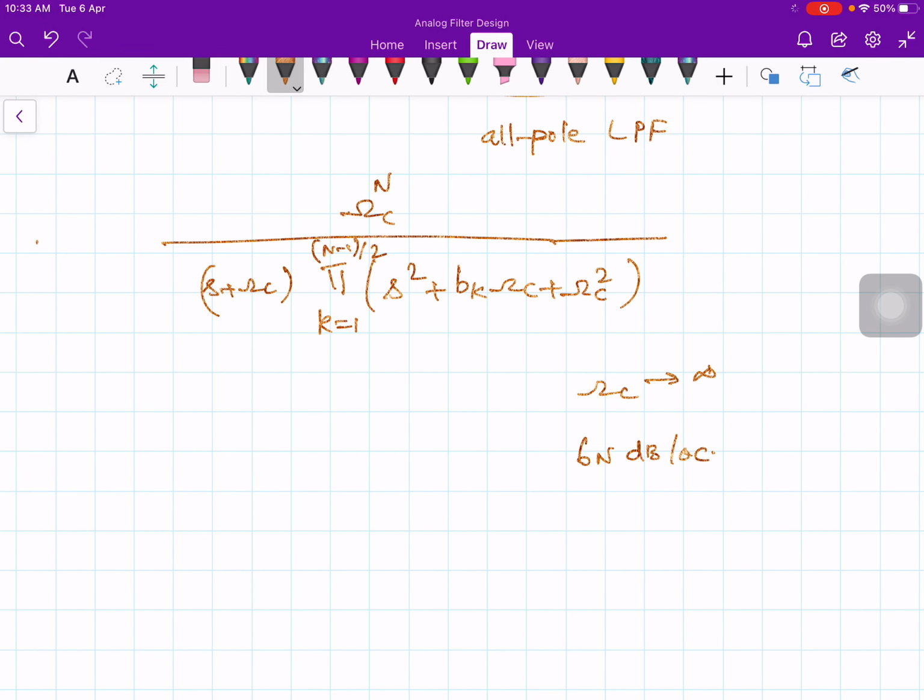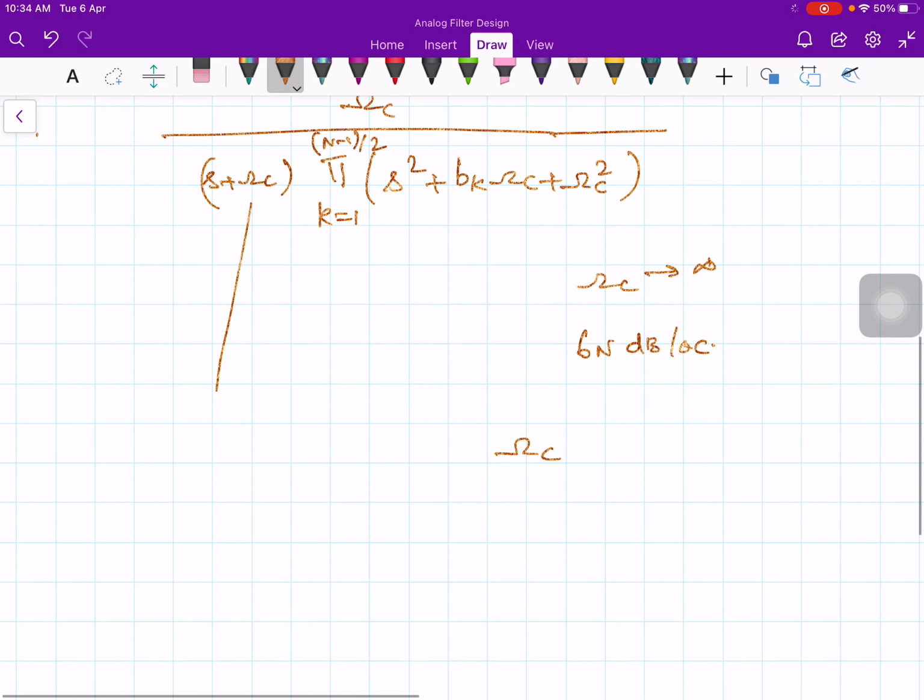Okay, and then we discussed the pole locations. The pole locations were on a circle of radius capital omega c in the S plane, and the pole factors were either s plus omega c if the order is odd, or a continued product of s squared plus bk omega c s plus omega c squared.